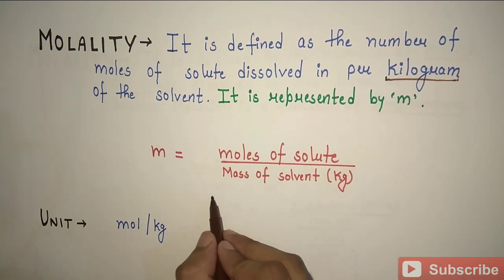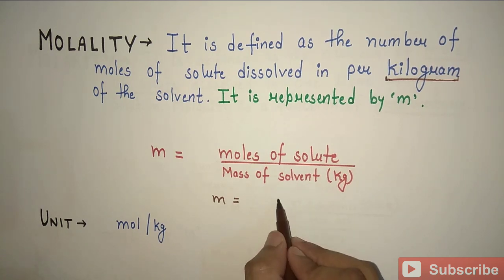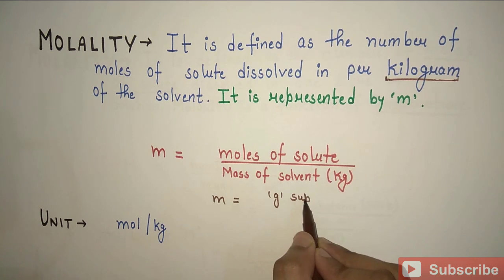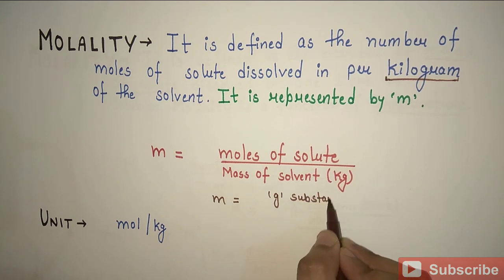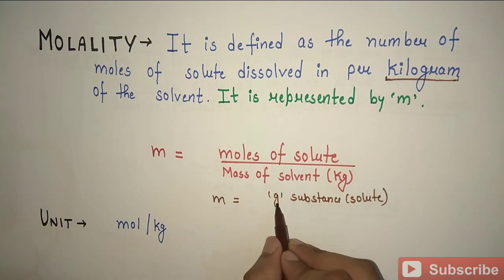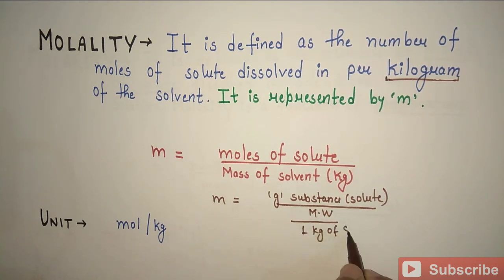So the formula for molality: m is equal to the weight of the solute in gram upon molecular weight, upon 1 kg of solvent.